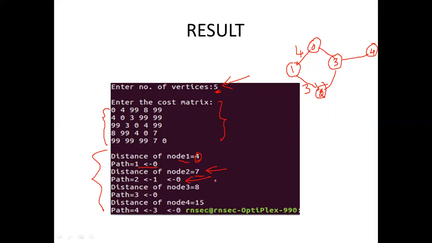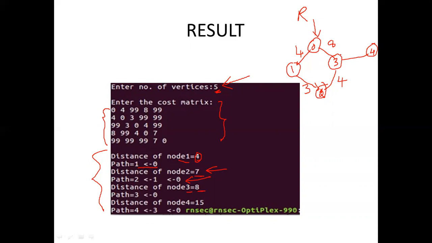Next you can observe the distance from the 0th node to the 3rd node. The direct path weight cost was 8, and the other path weight cost was 4. So for the distance of node 3 with 0 as the reference node, the direct weight cost from 0 to 3 is 8. It has to be forwarded from 0 to 3 directly. And next, the distance from 0 to 4.